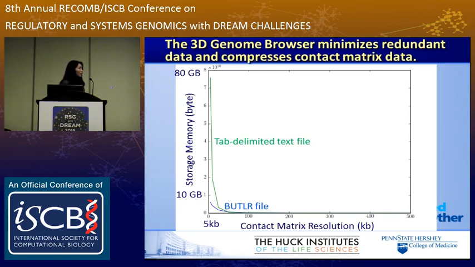The data for a normal tab-delimited text file just blooms up according to big O of n squared complexity, while BUTLR files scale much better. Below 50 KB, the two file sizes are comparable because of the storage of the row and header for the BUTLR files.